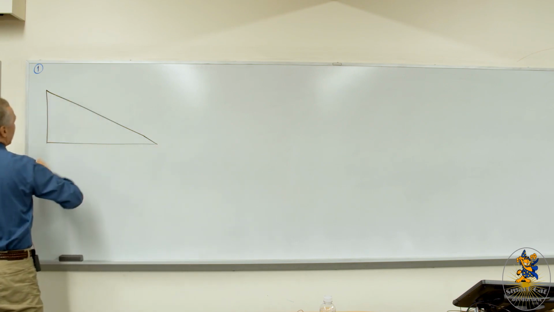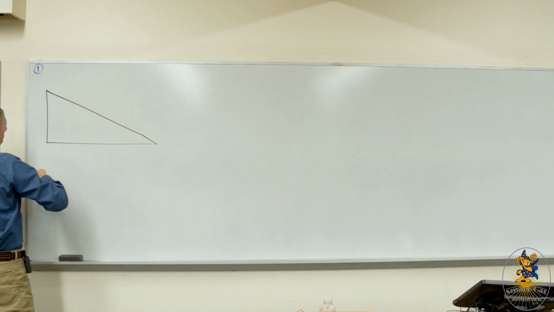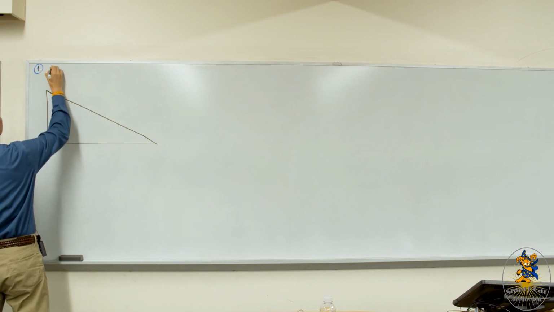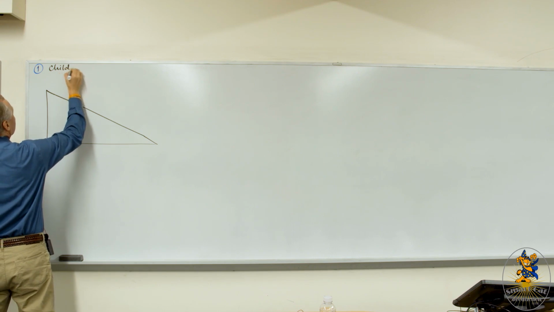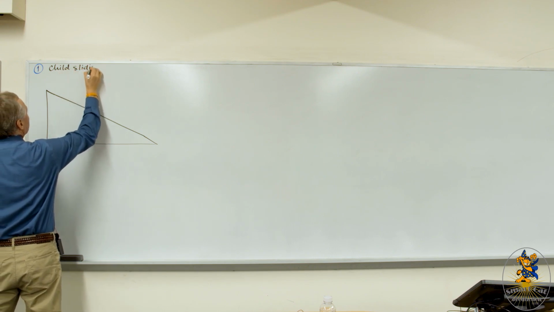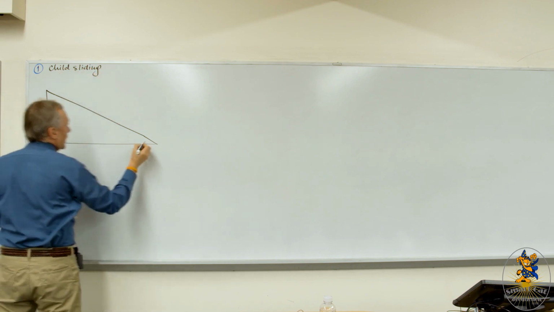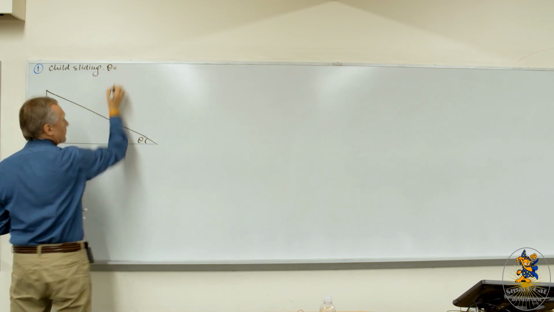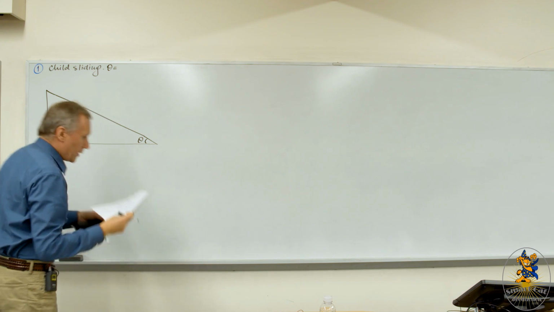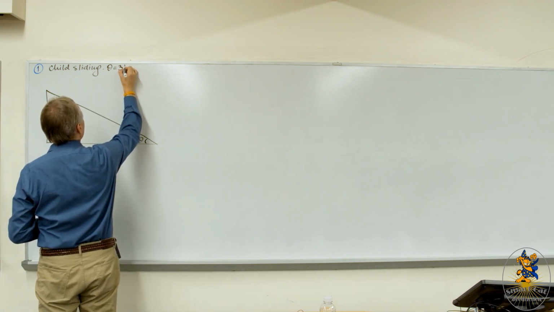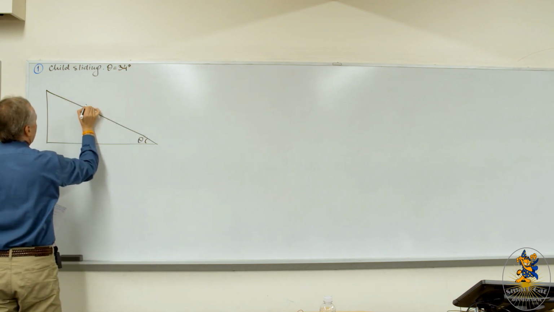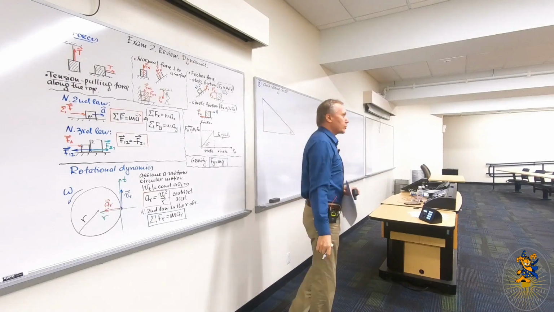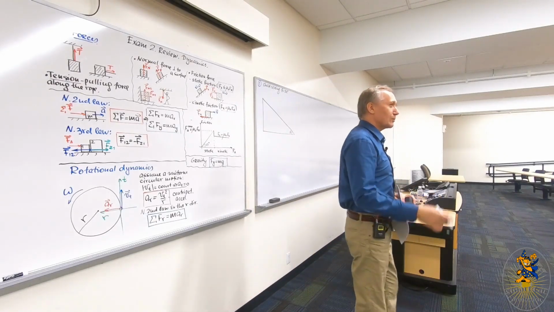Okay, good enough. So there is a child sliding. The angle of inclination, as I said, is given. Theta equals, okay, I need to grab my notes, 34 degrees. Then there's a child. You know what, I usually use a box, but I don't feel like using the box instead of a child.